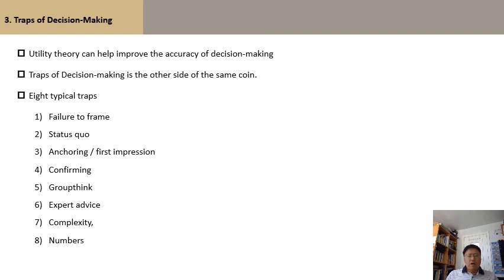The third one is the bias of anchoring. The fourth one is confirming. Fifth is group thinking. Sixth is expert advice. Seventh is complexity, and eighth is numbers. All these things are traps. Sometimes people call these decision-making biases.